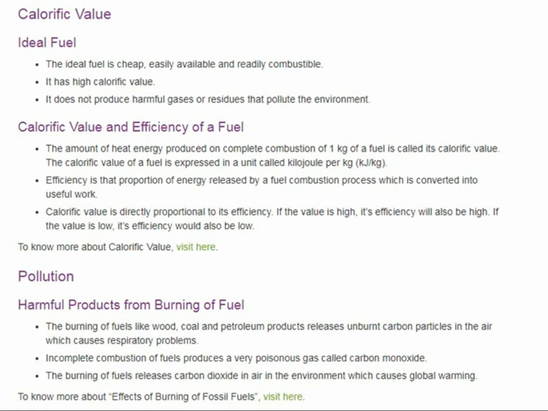And caloric value is directly proportional to efficiency. If the value is high, the efficiency would also be high, meaning it will last for a long span of time. If the value is low, the efficiency will also be low.